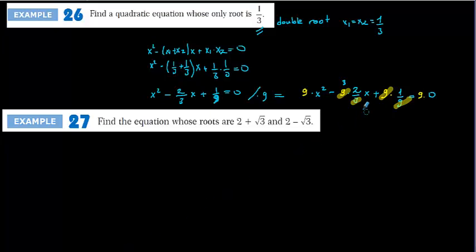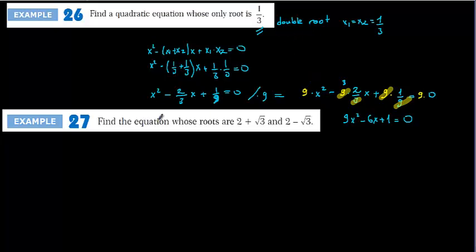Then we will get the last part now: 9x squared minus 6x plus 1 is equal to 0. So this is the equation whose only root is 1 over 3.